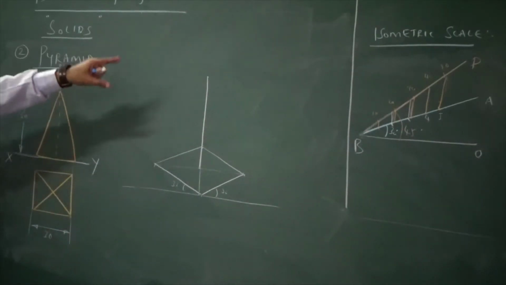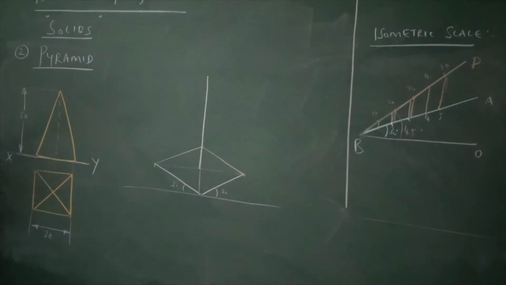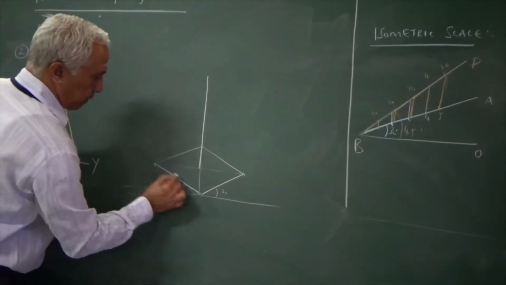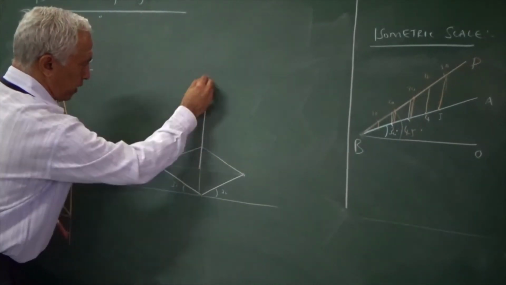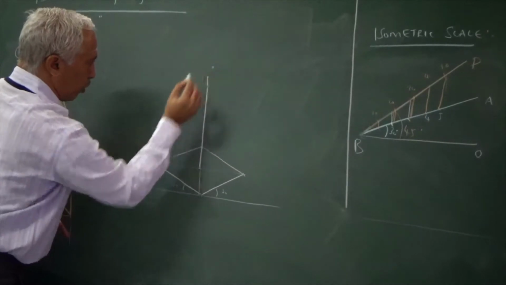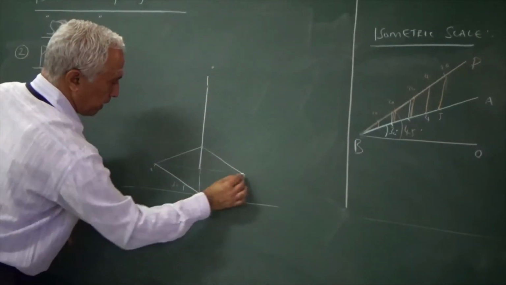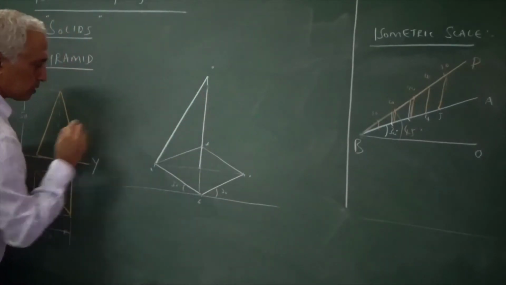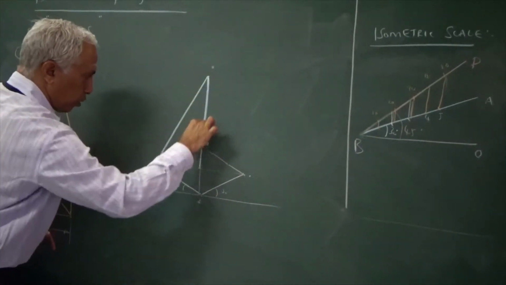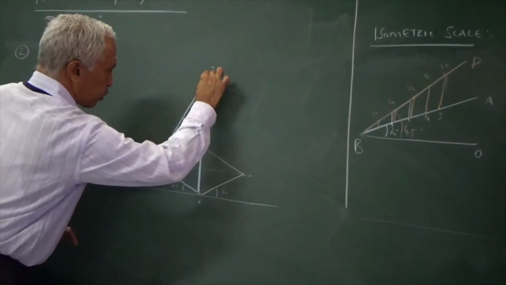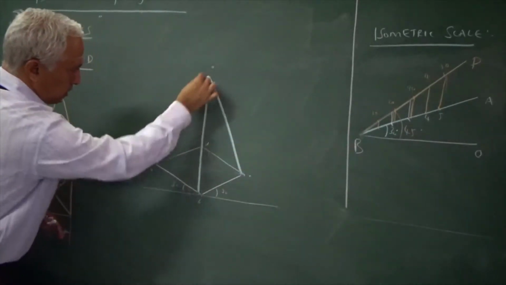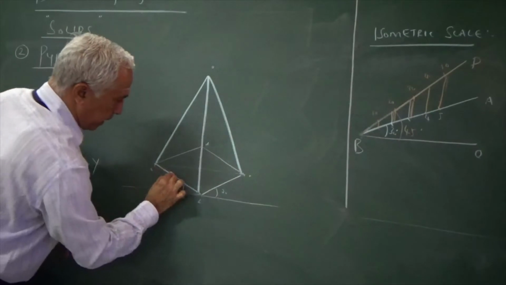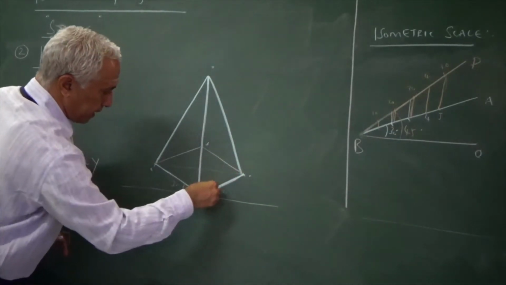After locating this point, we draw those lines which are visible to the observer. I can say A, B, C, D as the four corner points. We call this O, A, B, C and D. So join OA, join OB and join OC. Then AB the base, BC the base.